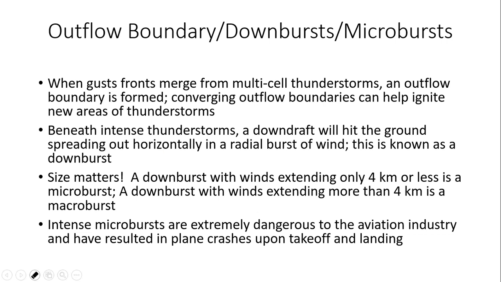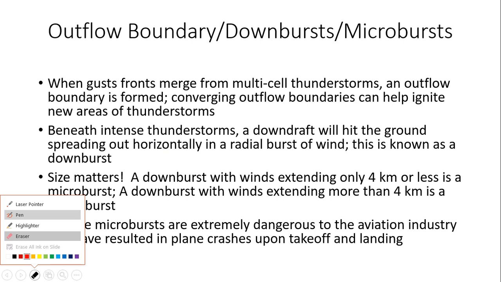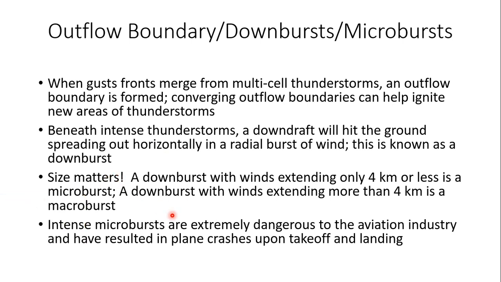All right, now we're going to move into the size. Okay. Now, the size really does matter here, this third bullet. A downburst with winds extending only 4 kilometers or less is generally known as a microburst. So micro, M-I-C-R-O, I want you to think a smaller scale.